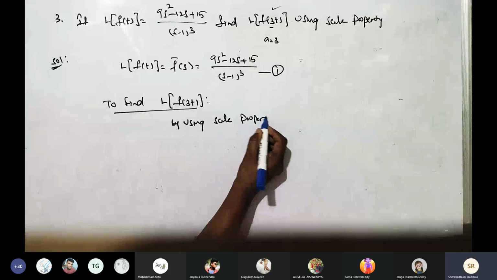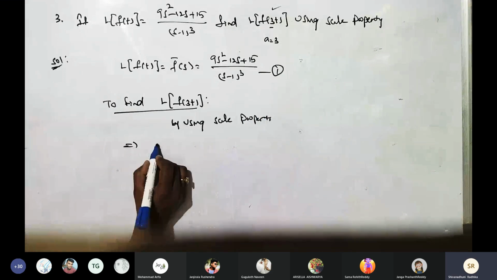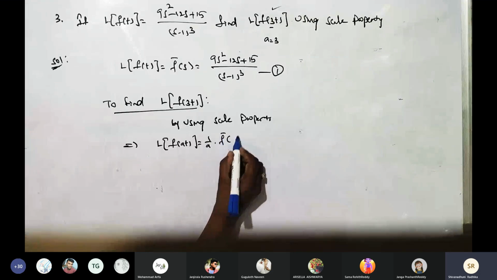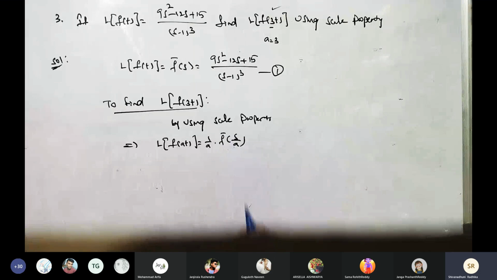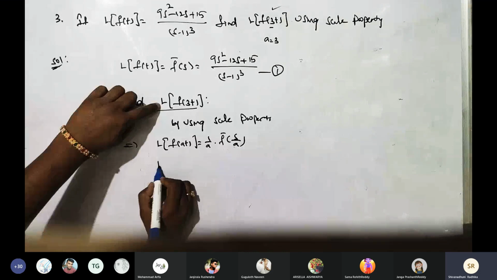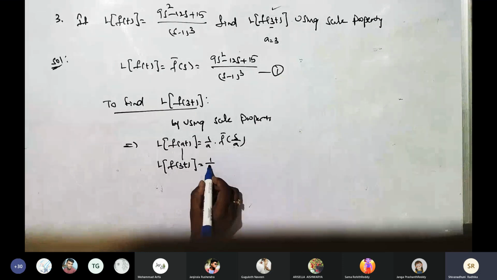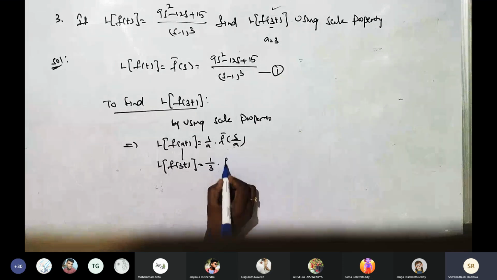L of f of 3t is of the form L of f of at. Here a equals 3, so 1 by 3 into f bar of s by 3. Is it clear?